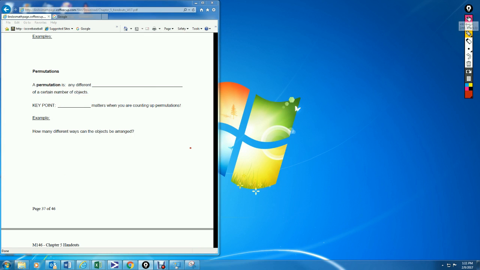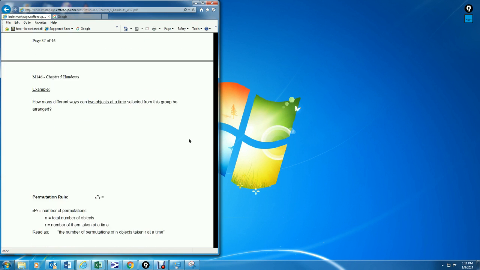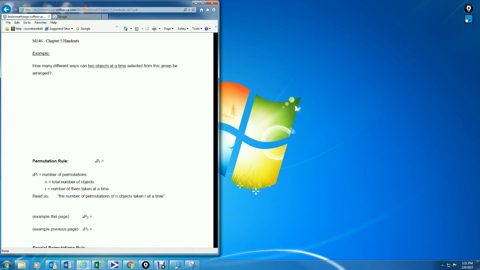So now for a slightly different example, let me go to the next page. This time, let's say we have 4 objects, 4 letters, A, B, C, and D. Last time I arranged all of them. This time I am just going to select 2 of them at a time and arrange them.